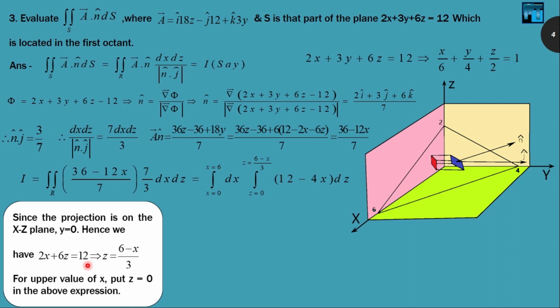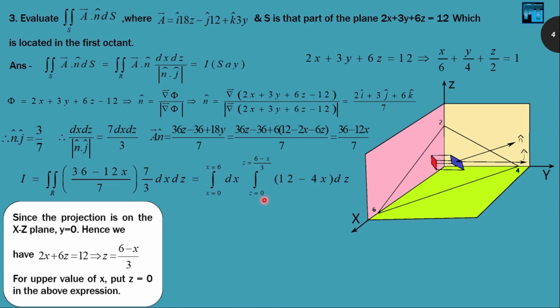Suppose you are dealing with a projection on the xy plane, then you have to drop z first, then any one of the variables. Yes, you can do first x then z also. For that these limits will be changed.